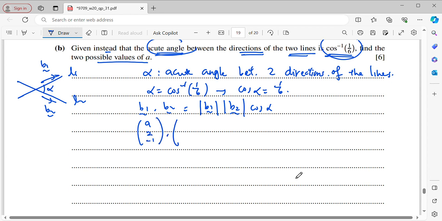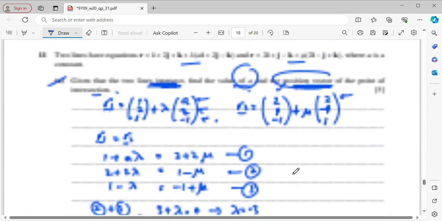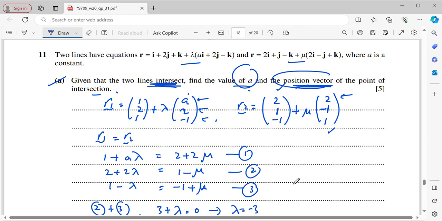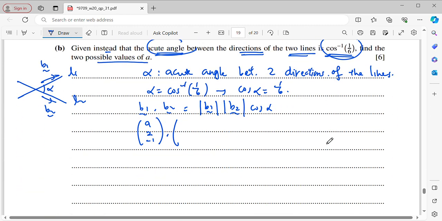The b2 is from r2, so it is (2, 1, minus 1). So the magnitude of b1 is the square root of the square of each component, and the modulus of b2 will be the square root of 2 squared plus 1 squared plus minus 1 squared. Then cos alpha is 1 over 6.